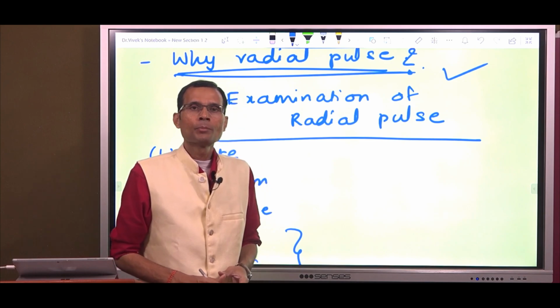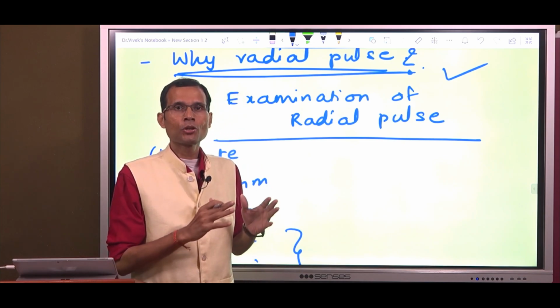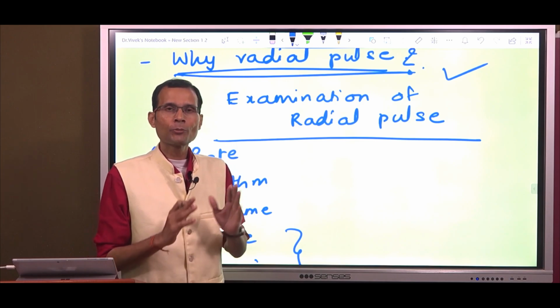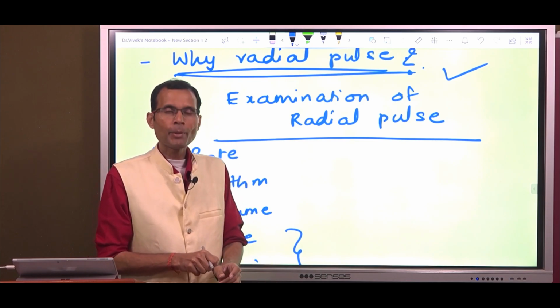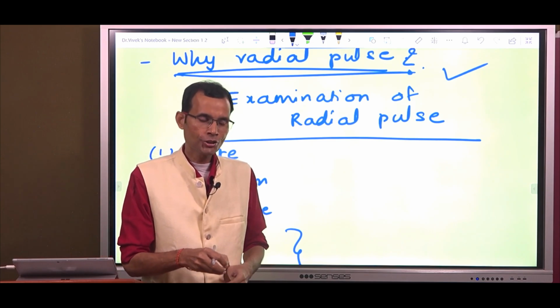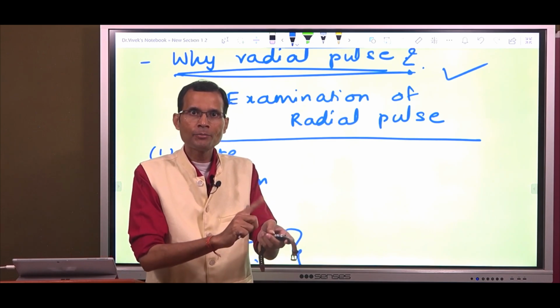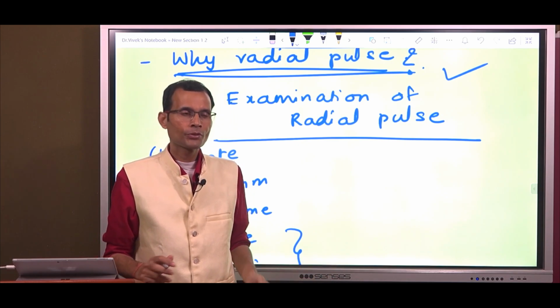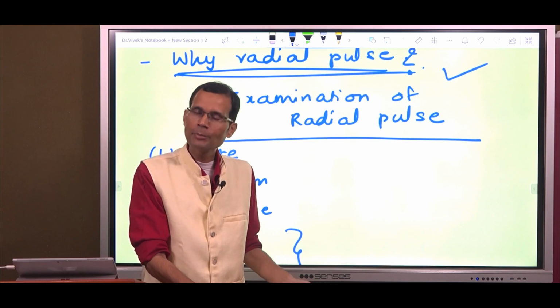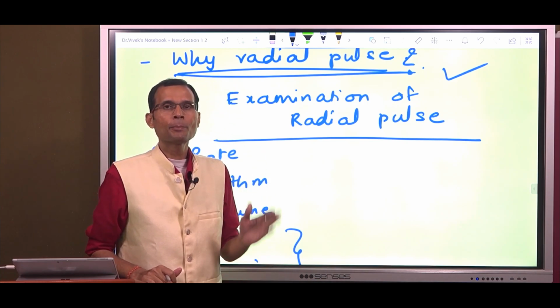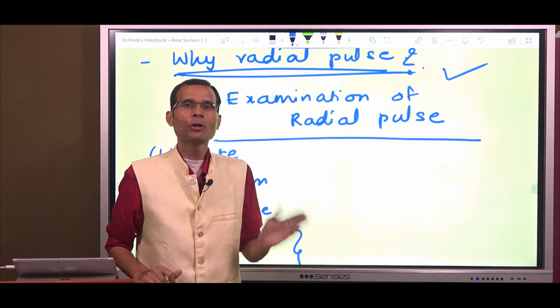Right. Before you start examination of the radial pulse, make sure that you are well prepared. And by preparation, I mean you should have a wristwatch with a seconds arm facility in it, or maybe a cell phone with a timer, because you are going to examine the pulse for 1 full minute.